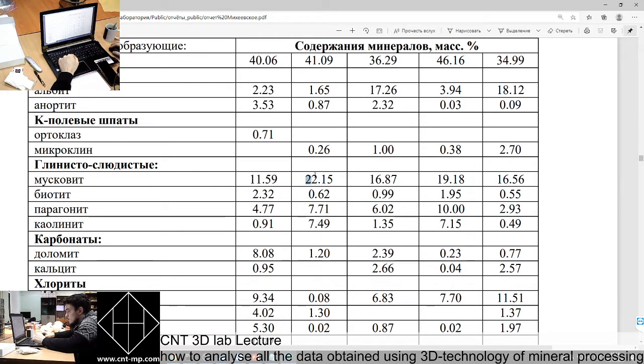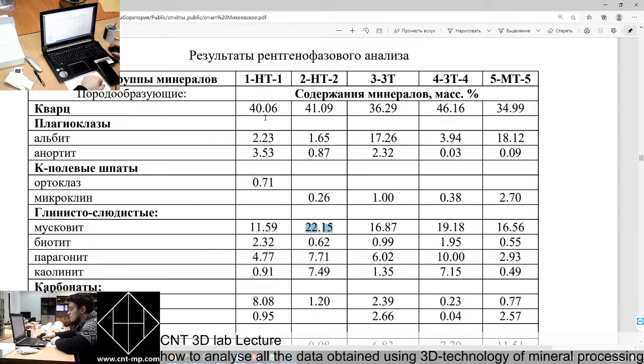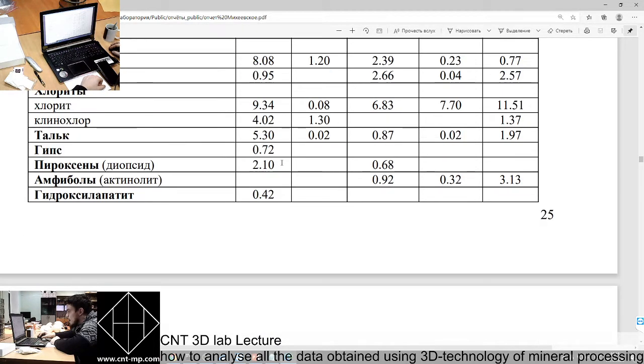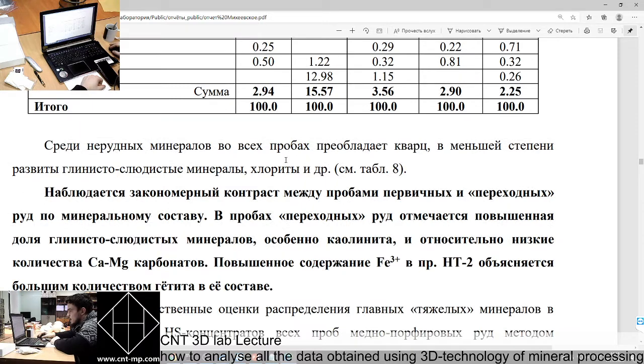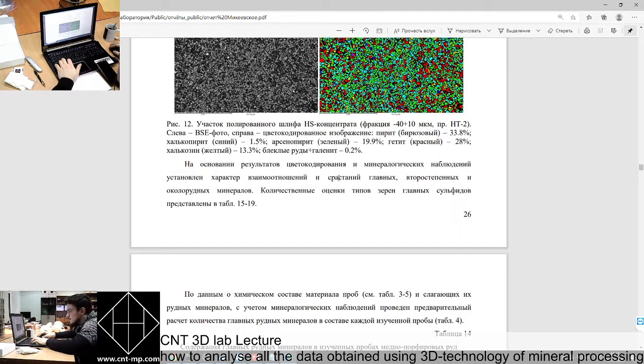But when we are talking about big contents of other minerals, X-ray diffraction analysis works very well. For example, there are 41% of quartz and 22% of muscovite, and so on. Sorry, I have lags.